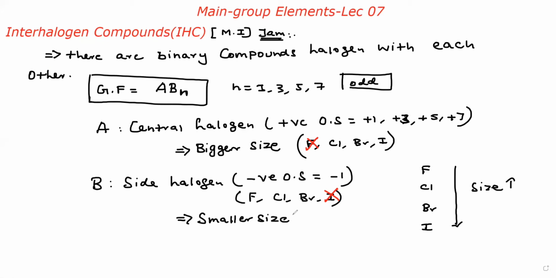Understand? This is a condition. The central halogen should be bigger in size. The side halogen should be smaller in size. Central halogen should be in +1, +3, +5, +7 oxidation state, and side halogen always should be in -1 oxidation state.